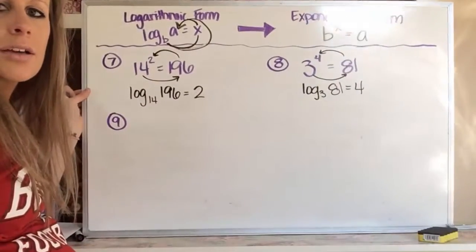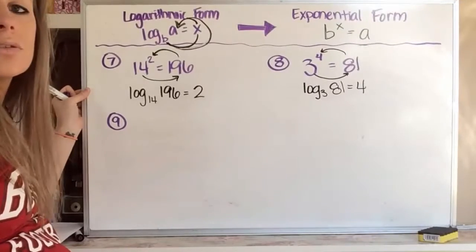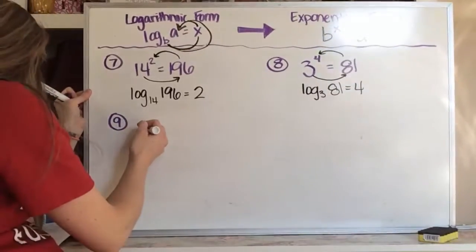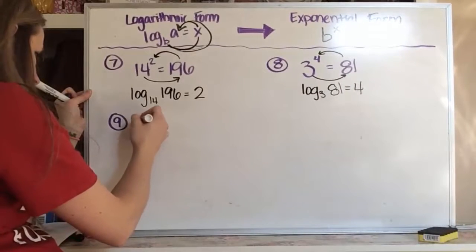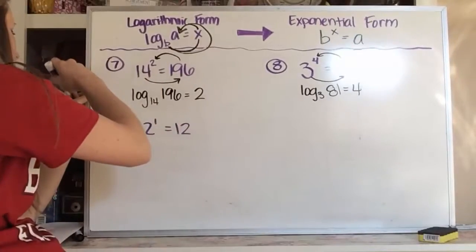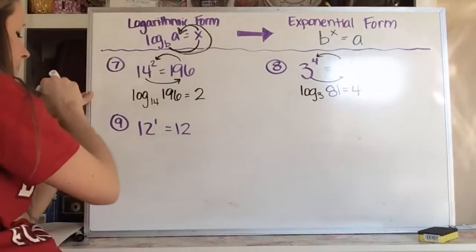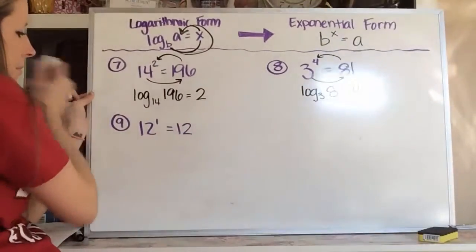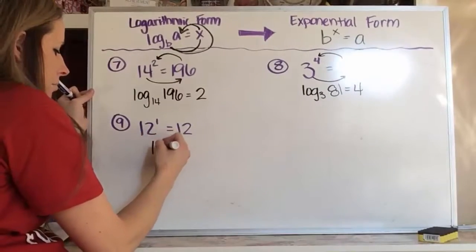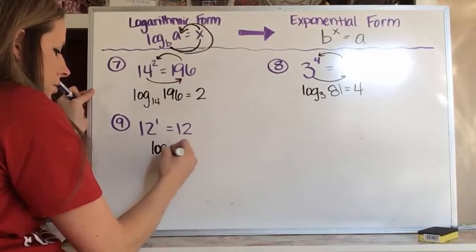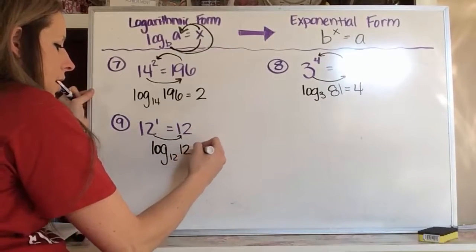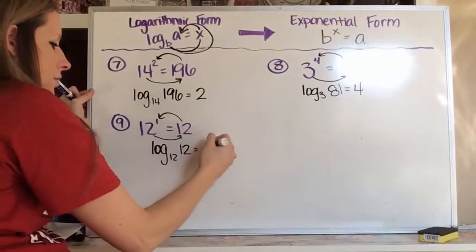You'll see that log base 3 of 81 equals 4. Number 9, I have 12 to the 1st power equals 12. If I change that to a log, I start with my base, which is 12. So log base 12, move counterclockwise, of 12 equals 1.